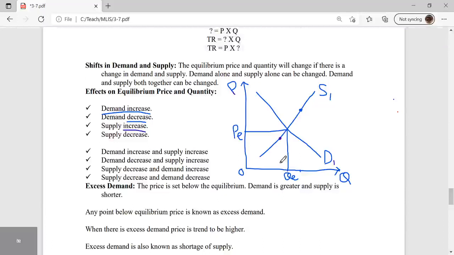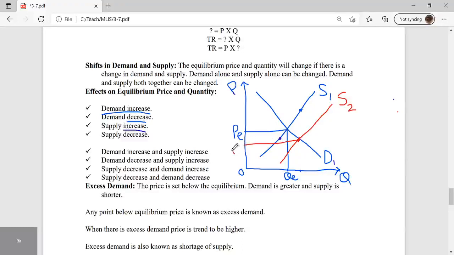There will be a parallel shift to the right, S2. The new intersection point is over here, where D1 and S2 are equal.